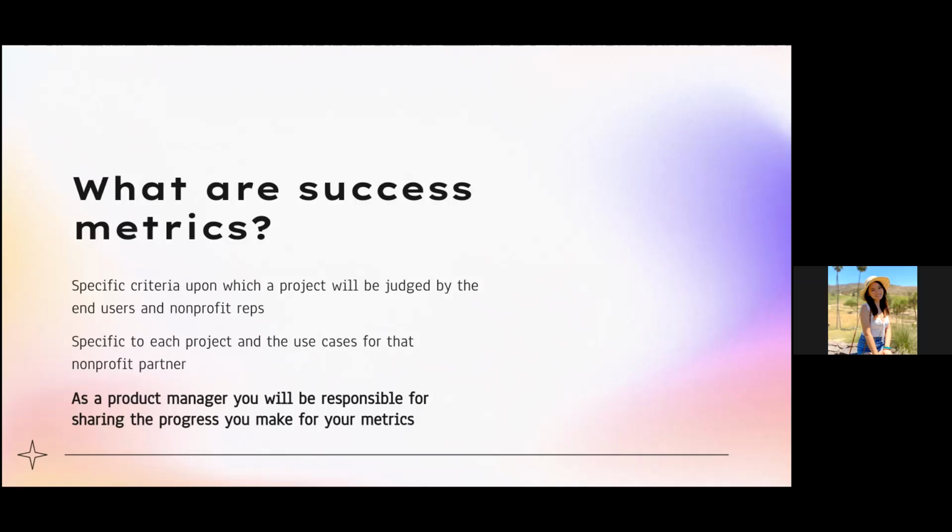These criteria are specific to each project and its requirements and also the use cases that the partners request. They are ways to gauge if a project is successful and how to really measure the success of what you're developing.